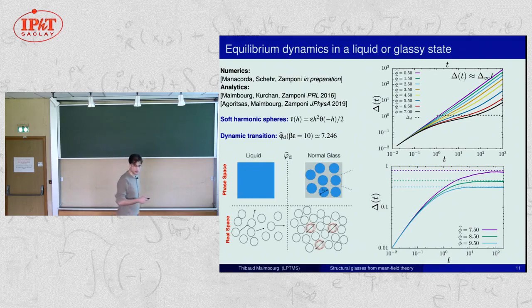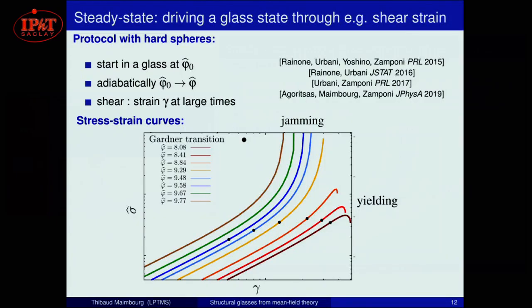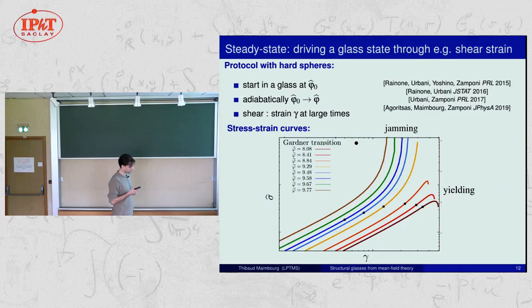All right, and let me mention, just because I wanted to talk about out of equilibrium, so let me go back to the setting we had before with the shear. So let's consider the following protocol. So you take hard spheres. Basically, hard spheres are spheres that interact infinitely repulsively if they overlap, and they do not interact otherwise.